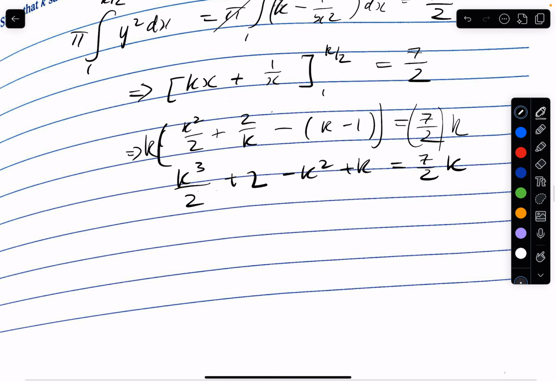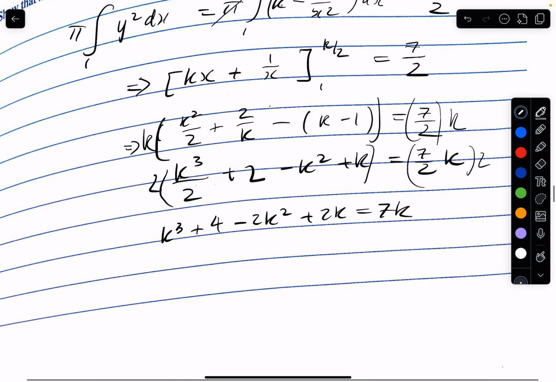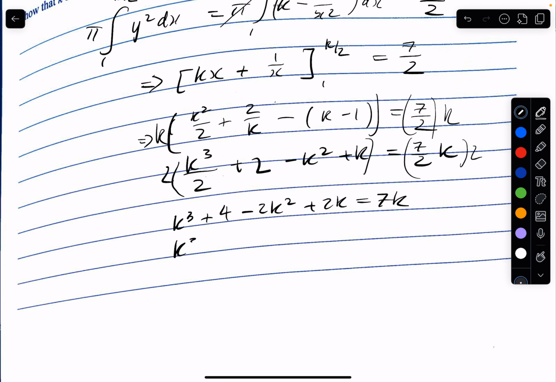I should have also multiplied by 2k, to be honest. So k cubed plus 4 minus 2k squared plus 2k is equal to 7k. And then, I think I've made a mistake. k cubed minus 2k squared minus 5k plus 4 is equal to 0.